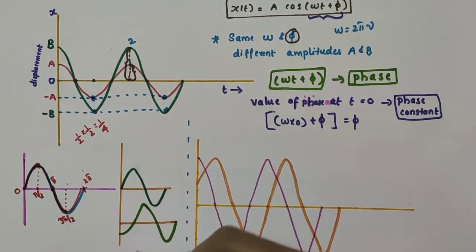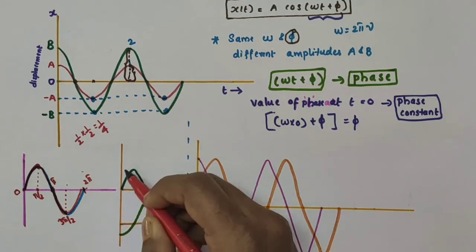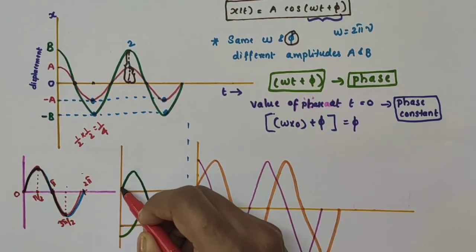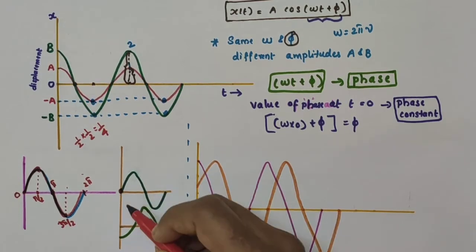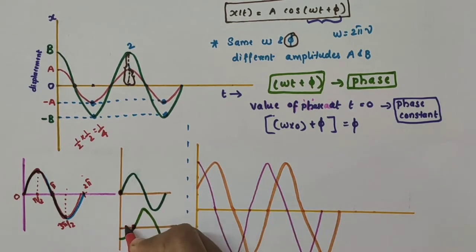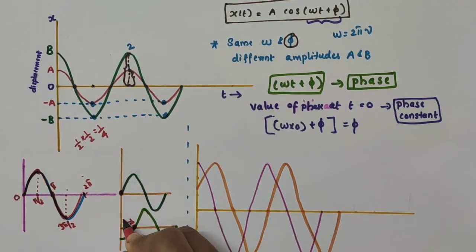You will get the phase difference between the two waves. For example, here we have the first wave and here we have the second wave. The first wave starts from here with 0 value, but for the second wave, the 0 value is here. So there is this much difference between them.